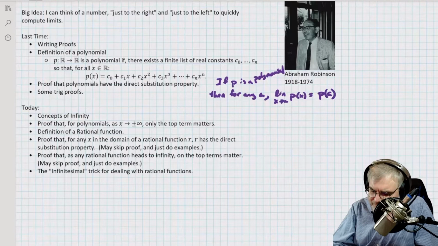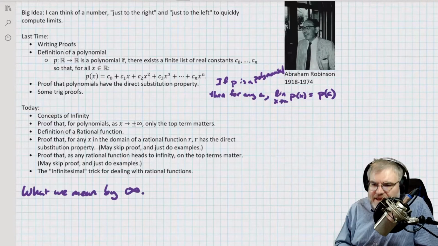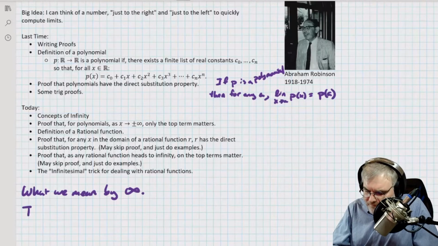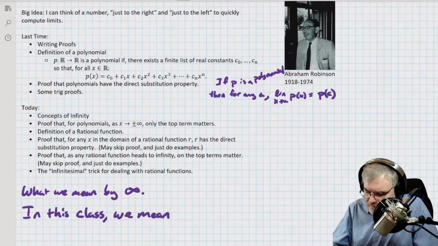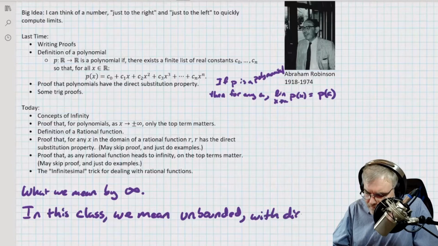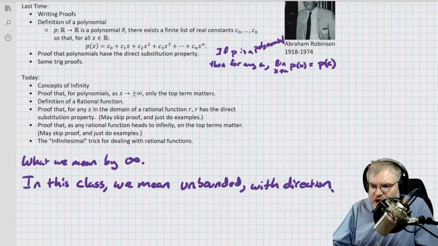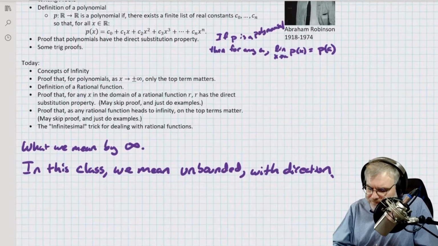What we mean by infinity in this class is unbounded with direction. And here's that horrible word again. We mean arbitrarily large or arbitrarily small.